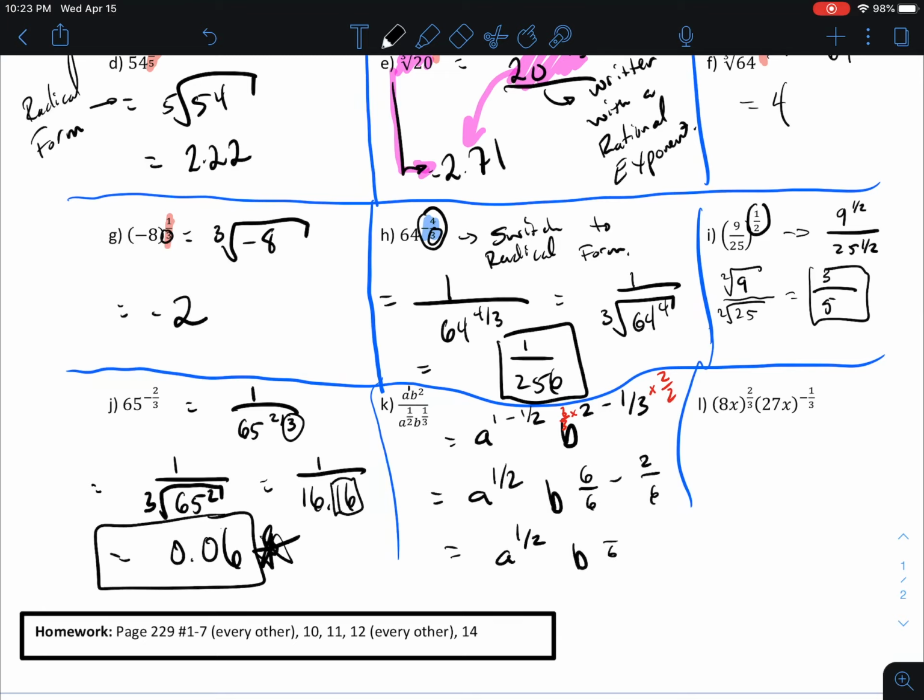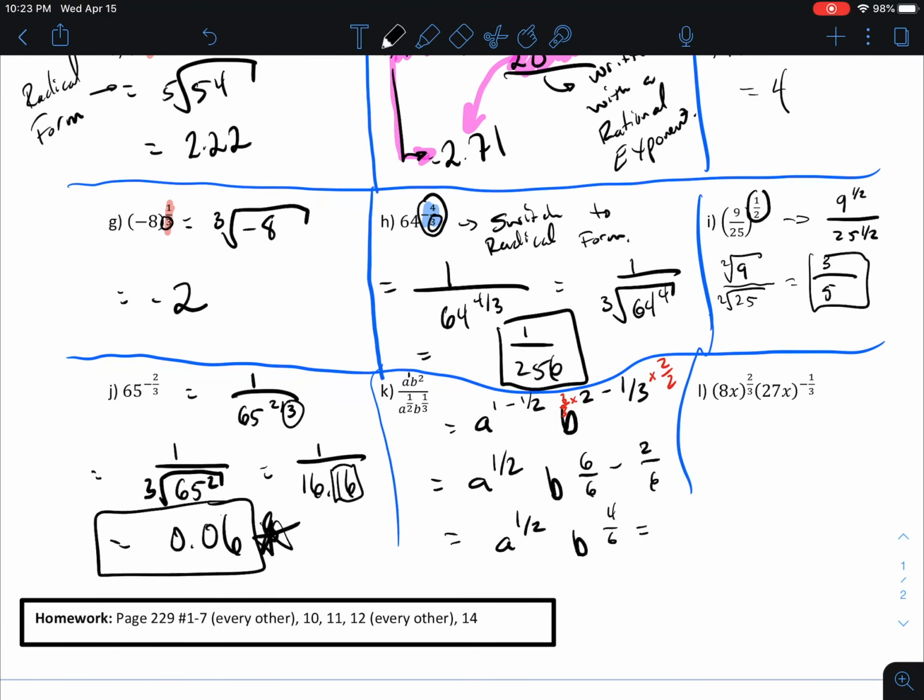So your final answer is going to be a to the 1/2, b to the something over the 6. 6 minus 2 is going to be 4, which you could further simplify, so a to the 1/2, b to the 2/3 is your final answer. I'll bring this over here.